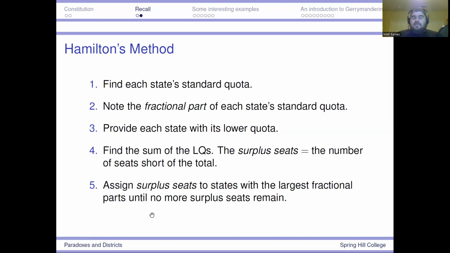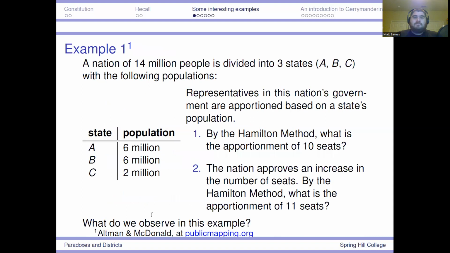So if I look at the standard quotas and one is 13.8 and one is 3.2, I'm just going to look at those decimal places, the 0.8 and the 0.2, and I'm going to start handing out those surplus seats based on who has the highest decimal there. So I'll hand those out until I'm out of those extra seats, until I've hit the total number of seats I want, and then I am done.